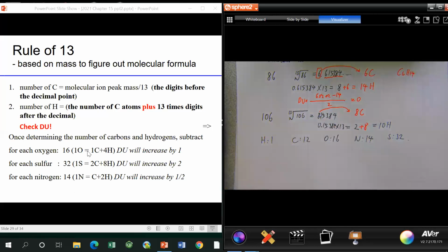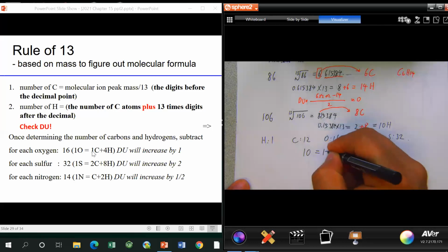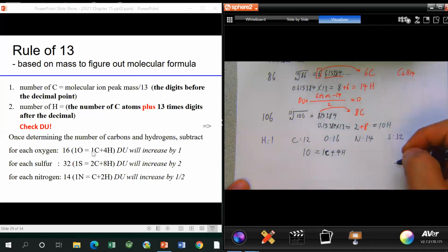If you find 1 oxygen in the molecule, you replace it with 1 carbon plus 4 hydrogen, which gives the same mass. Because 1 oxygen is 16 and carbon is 12, 12 plus 4 also gives you 16.